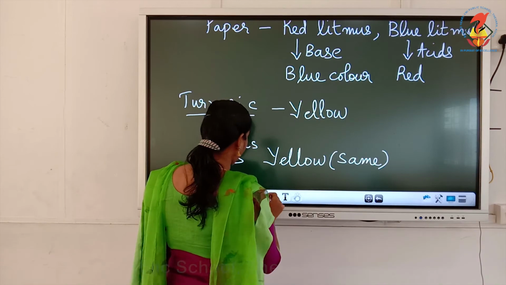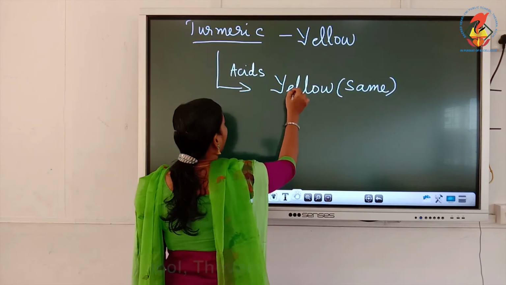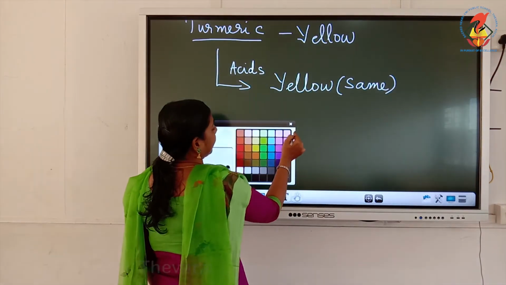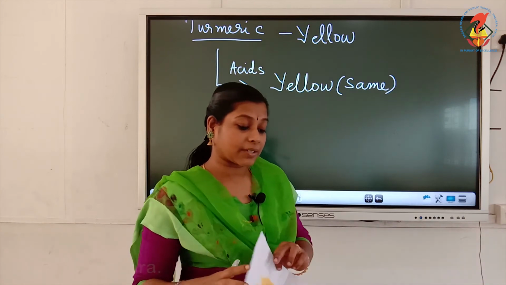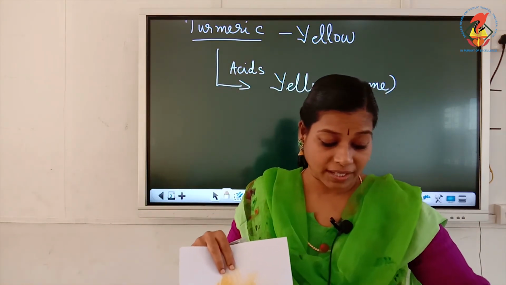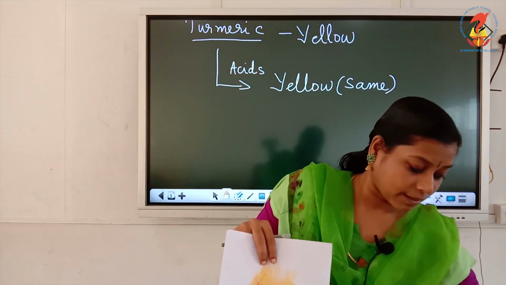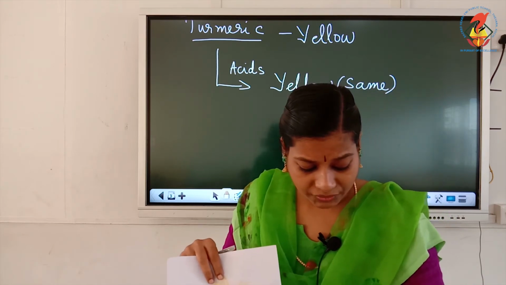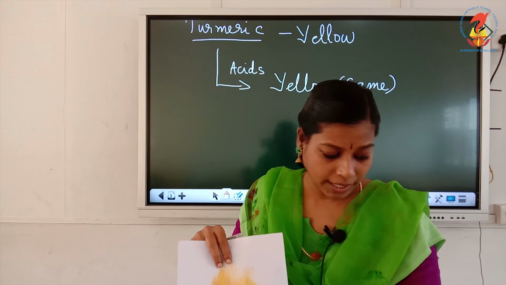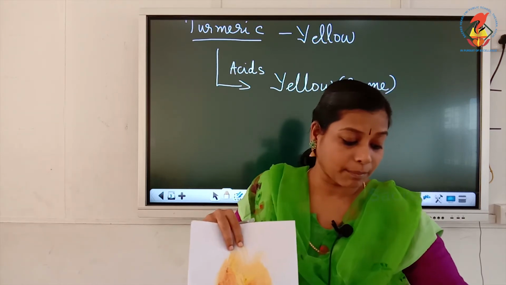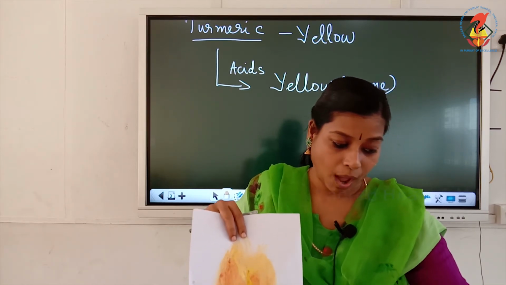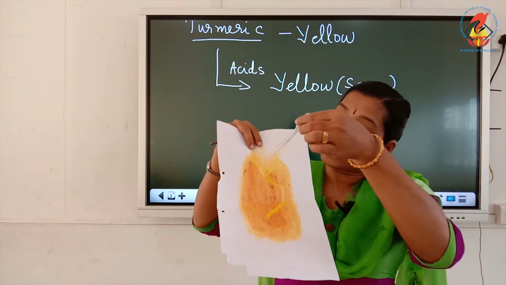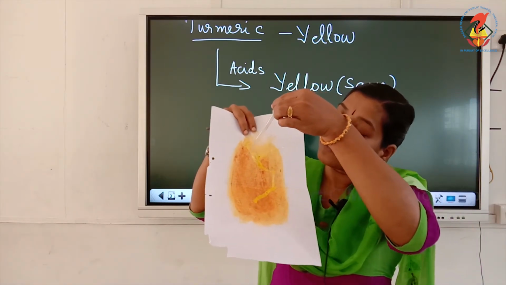But when it is in contact with a base, what will be the color change, or is there any color change? That also we can observe. Now we can see the color change with a base. Again I am taking the sodium hydroxide base, and I am pouring that base over here.